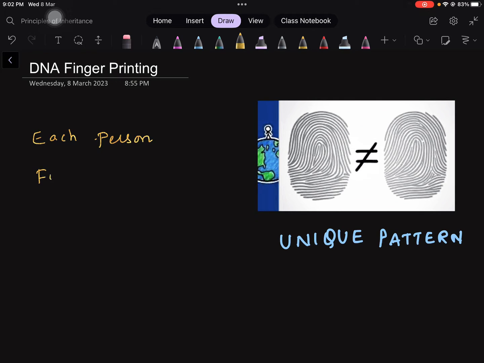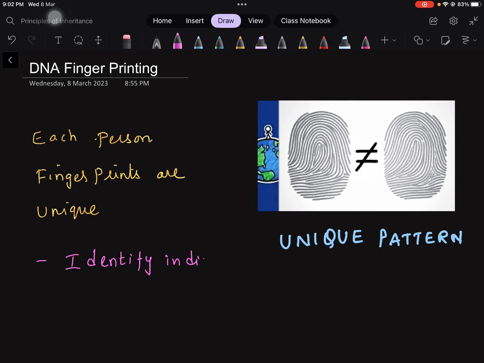So the fingerprints are unique. From a very long time, we have been using it as a way to identify the individual, right?